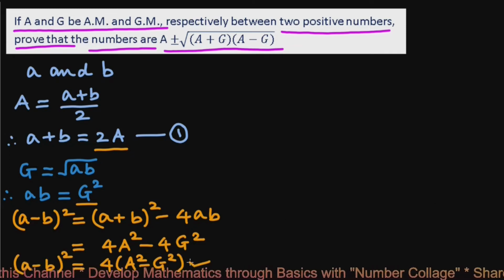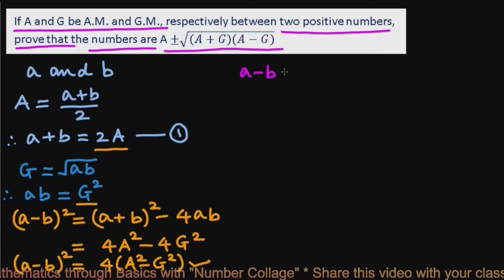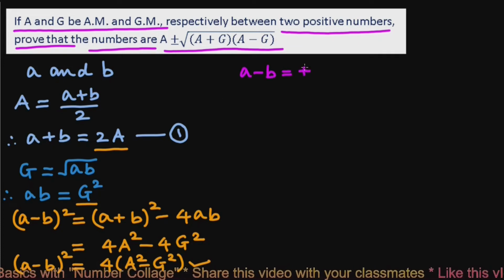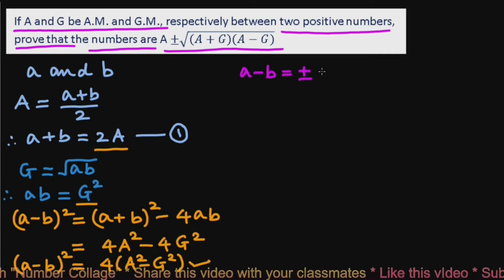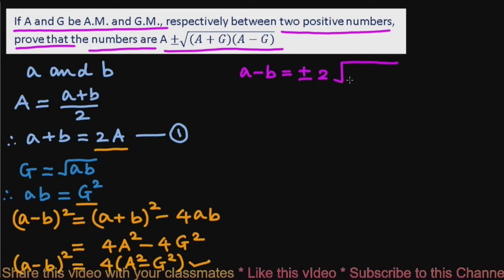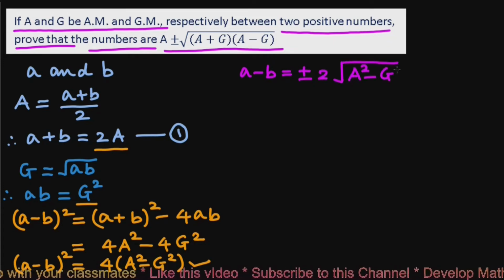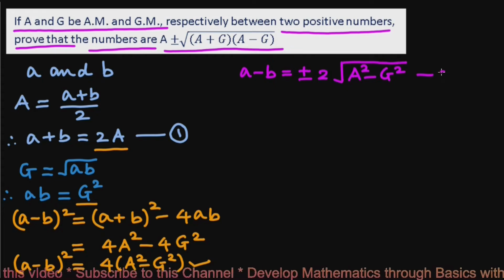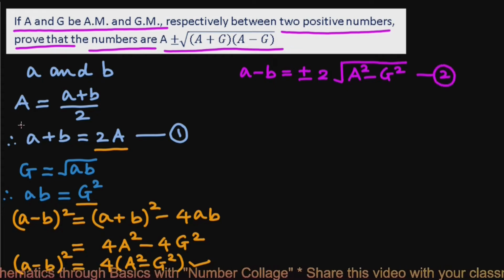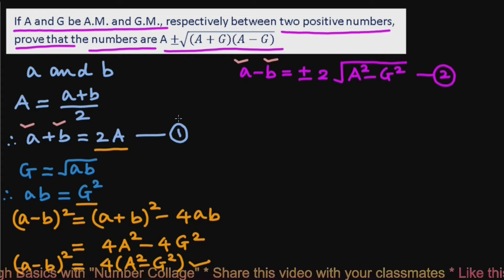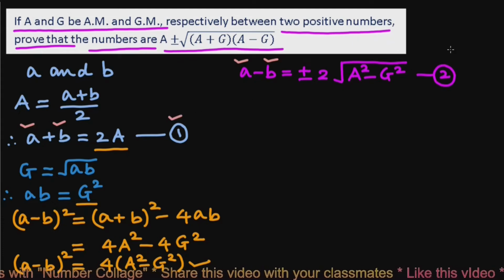Taking the square root of this, we write a minus b equals plus minus square root of 4, which is 2, times square root of this A square minus G square. We name this equation 2. Now to find the values of a and b, we will add equations 1 and 2.